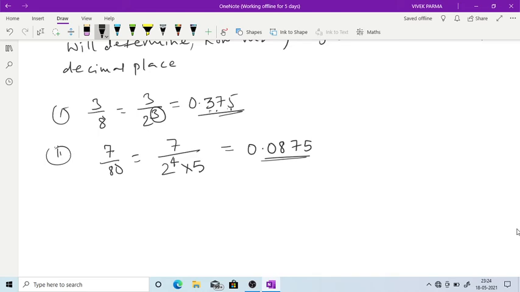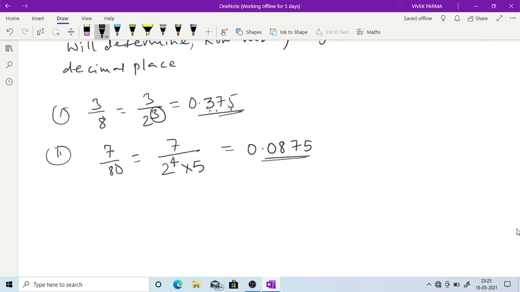Why? Because in this denominator part, the greater exponent is 4 of these twos, right? So this greater exponent will decide how many digits will be possible after the decimal place, right? So we'll see which base has the greater exponent, and that greater exponent will decide the digits after the decimal place, right?